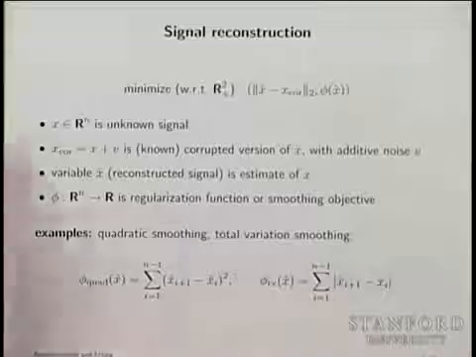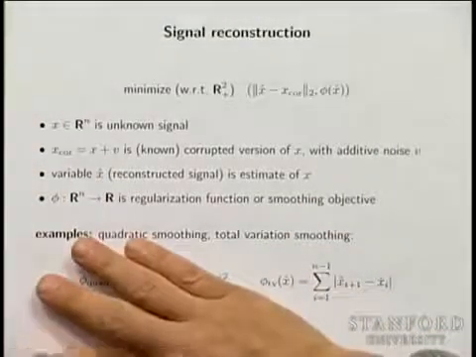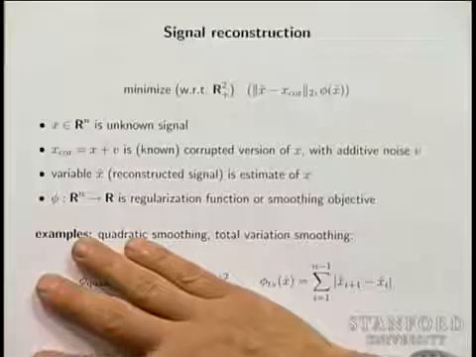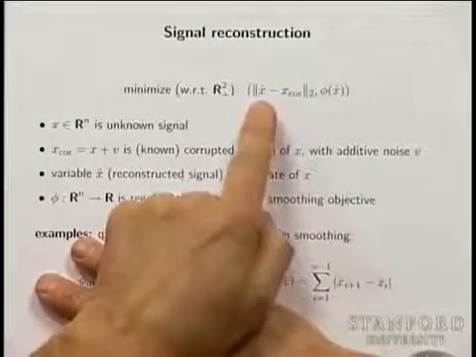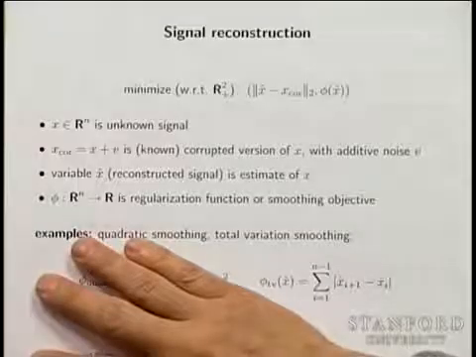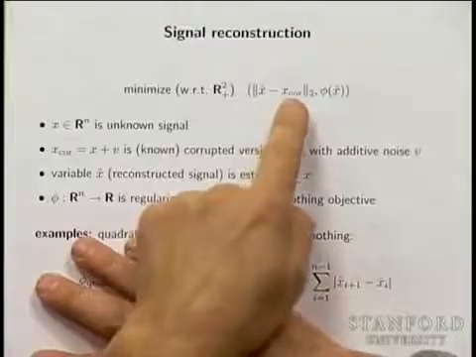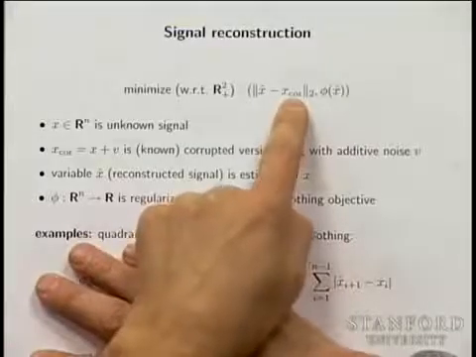Signal reconstruction. This is a very special case, in fact, of this, but it's widely used. Here's what's happened. There's a signal I'm given, but it's been corrupted, just additively. So the linear operator A is I, the identity. I'm given a corrupted signal, and I want to decorrupt it.